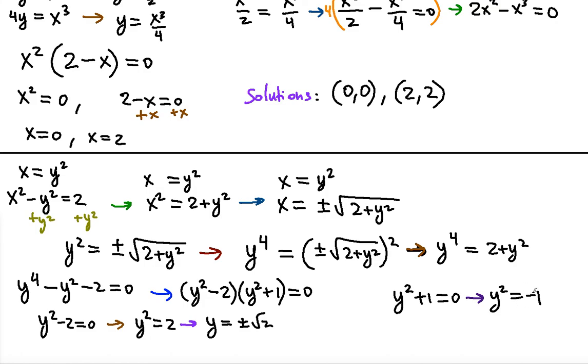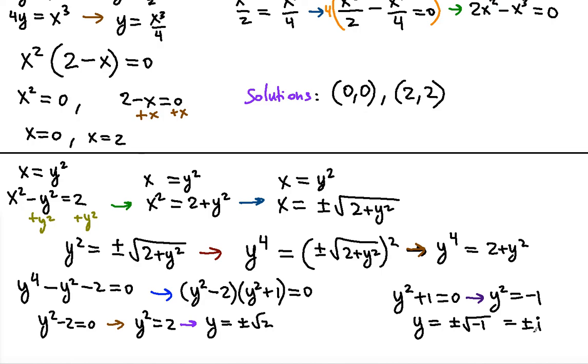Otherwise, it's not going to be a real number anymore. So whenever it's not a real number, it's going to be an imaginary number, an imaginary respective solution, right? So square rooting both sides gives you plus minus square root of -1, which means plus minus I, right? Because square root of -1 is equal to I, the imaginary number.